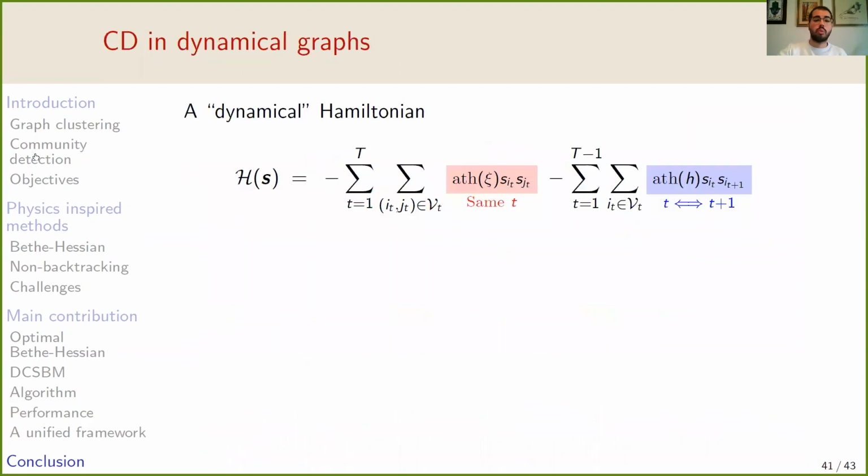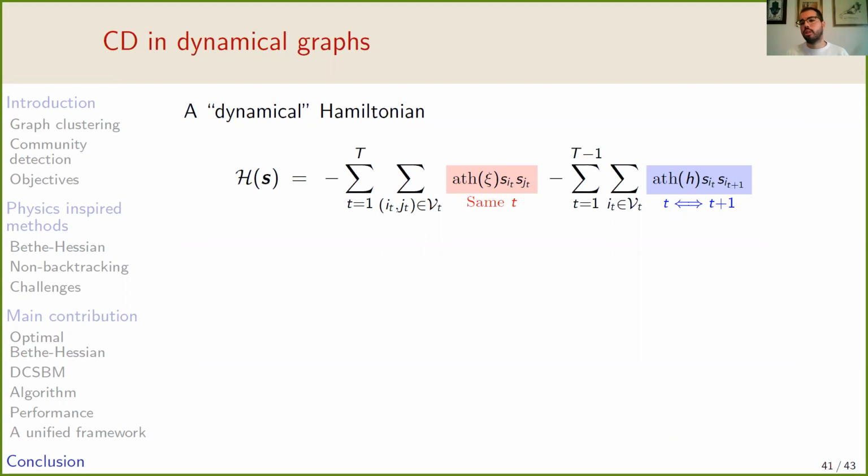Whereas if we consider the problem as a whole, we can exploit the correlation and improve the community detection performance. So what we did was to define a dynamical Hamiltonian. In this case, dynamical is in inverted commas because there's nothing dynamical about it. It's just the underlying model that is dynamical. We have two contributions. One in which the spins at the same time are interacting, and it favors configurations in which nodes in the same community have the same spin.